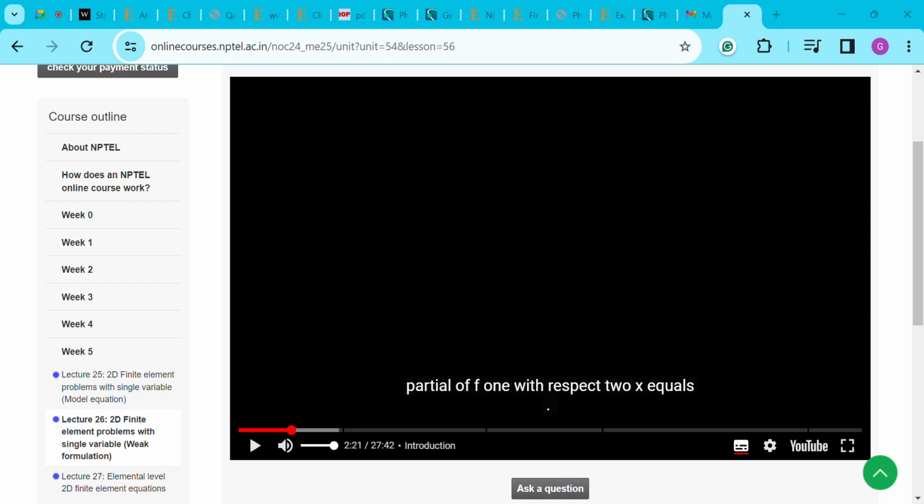K is not invertible actually. When you substitute this and remove those corresponding rows and columns, then K would become invertible.